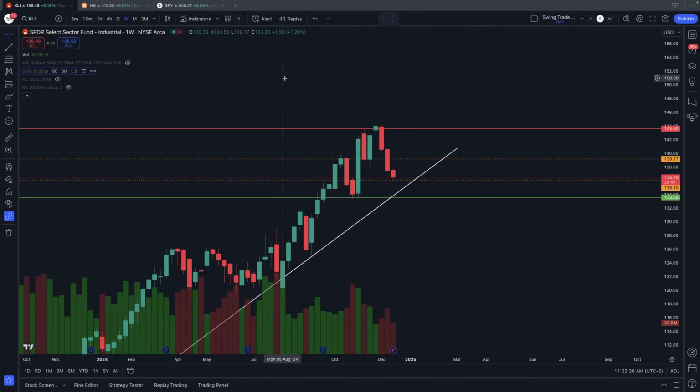I said the 20. You will very often hear other people say the 21 or the 26. Again, do your due diligence. The only one that I was able to really dive in and figure out exactly why is the 26-day moving average used is it goes back to the Japanese when they first were doing rice trading.